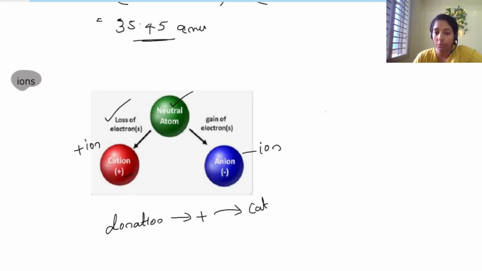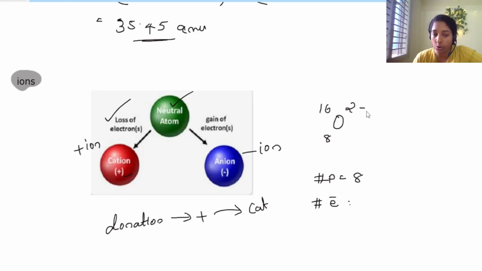For example, take oxygen. The usual representation is 8 and 16, the mass number, and this is the atom. If I write 2 minus like this, what does it mean? Now it is not an atom, it is an ion. The number of protons is the same, 8. The number of electrons is not 8 because now it is not an atom.